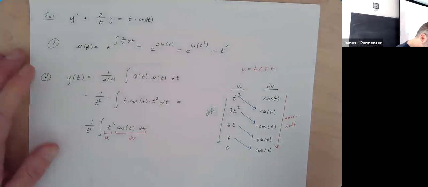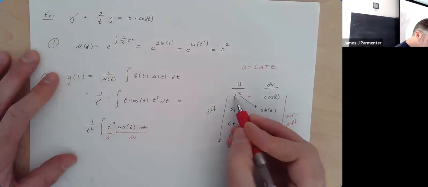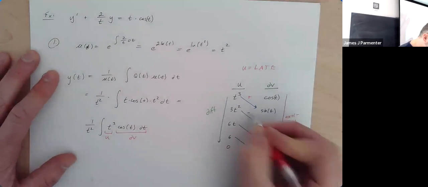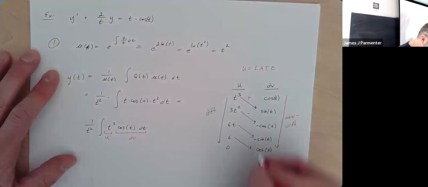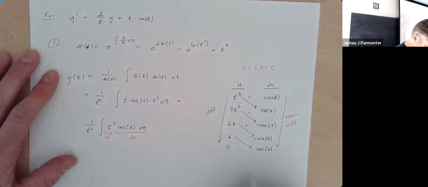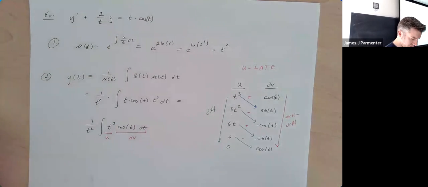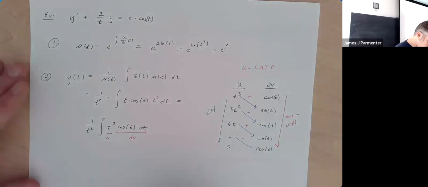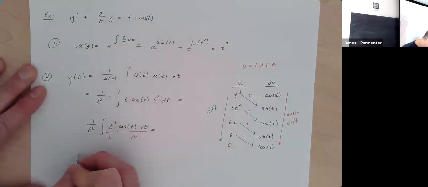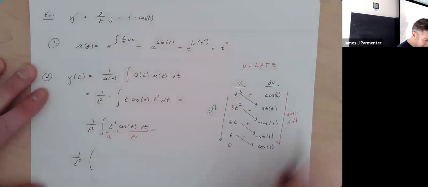And it's plus t cubed times sine of t minus 3t squared times negative cosine plus 6t times negative sine minus 6 times cosine. So our answer ends up being 1 over t squared times all that.